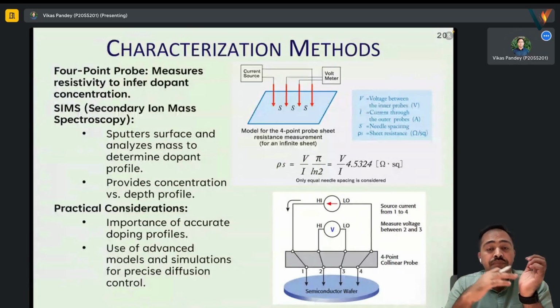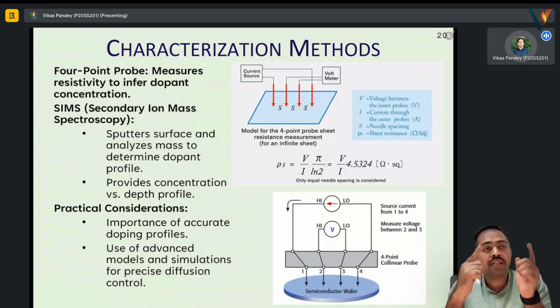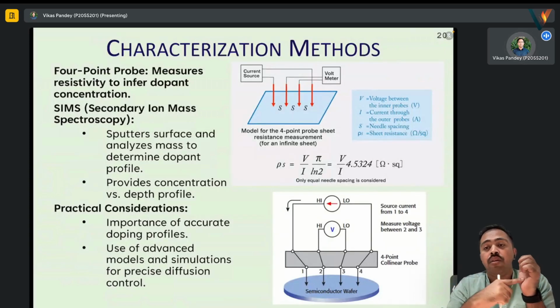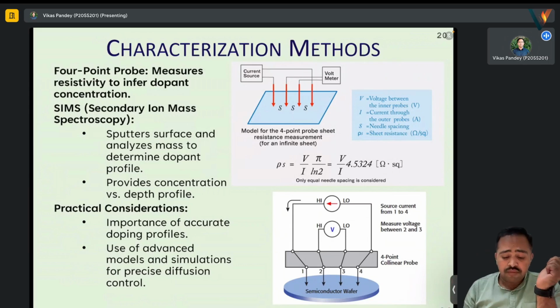After doping also, we want to check whether we have been successful or not, and whether the desired resistivity or desired conductivity is achieved or not. So there are two methods generally used. One is the four-probe method, the 4-point probe method, that uses the resistivity to infer dopant concentration.